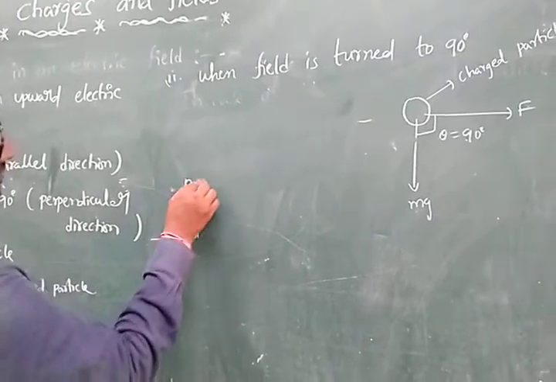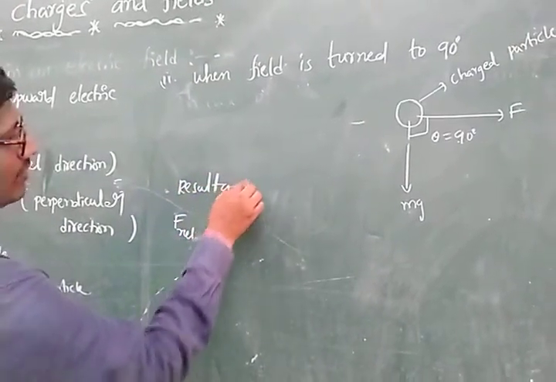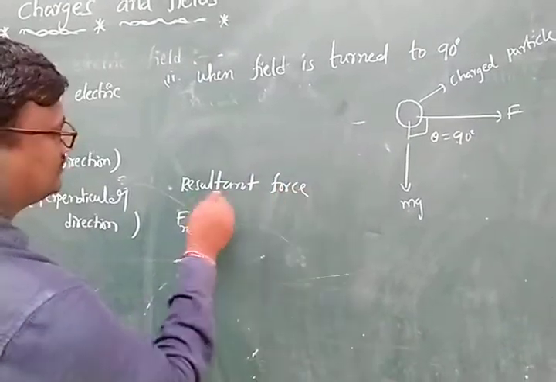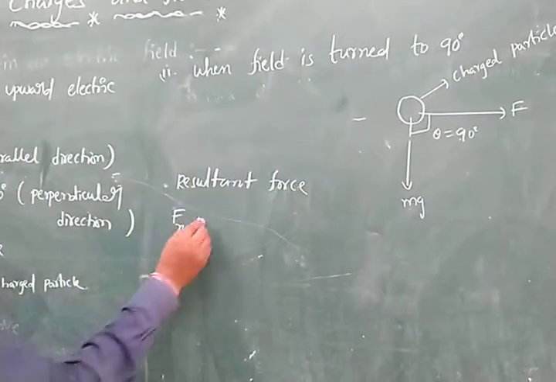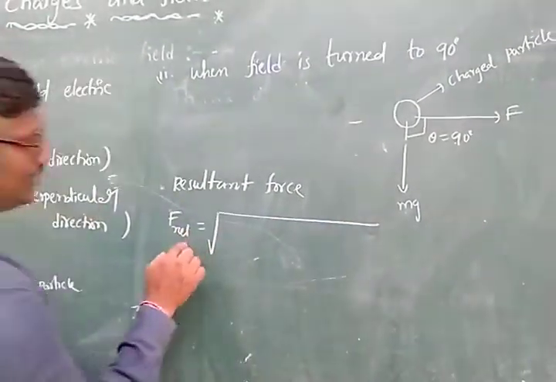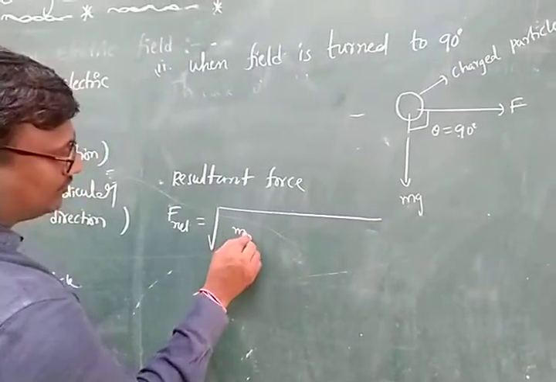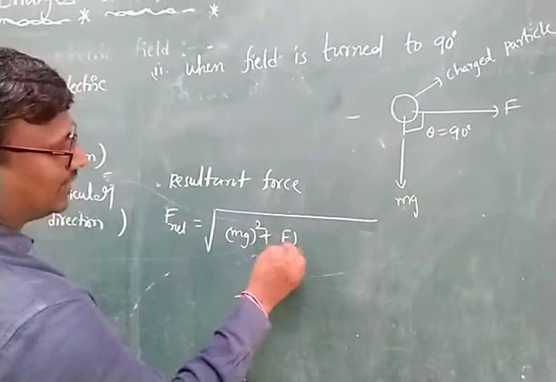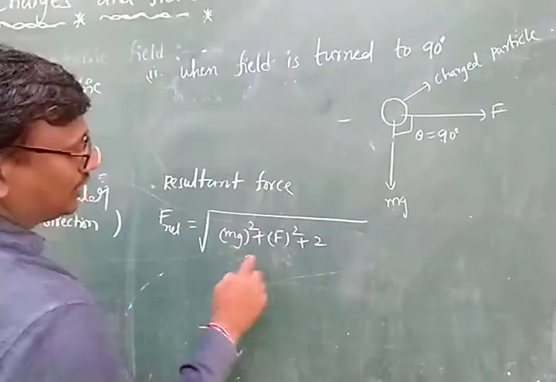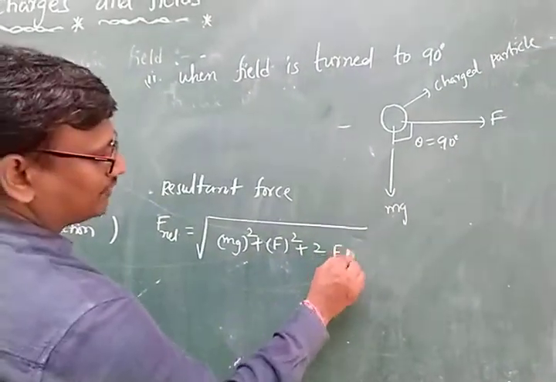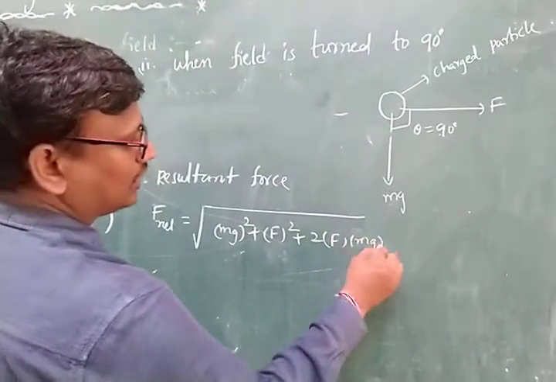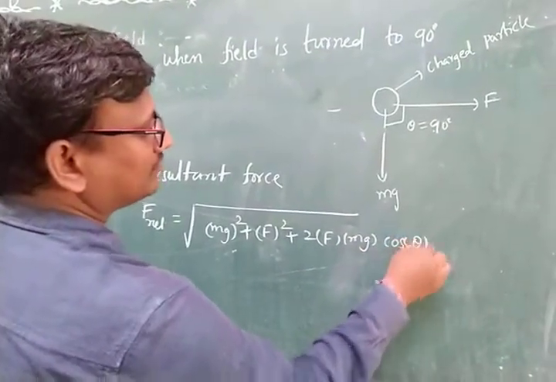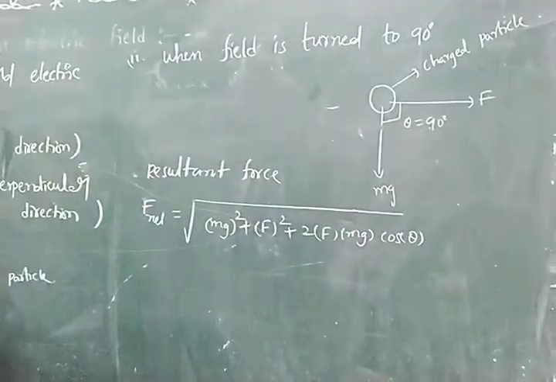See here, the resultant force F net is equal to under root of P square, that is mg square, plus Q square, that is F square, plus 2 P into Q, F into mg into cos theta. Here theta is equal to how much? 90 degrees.